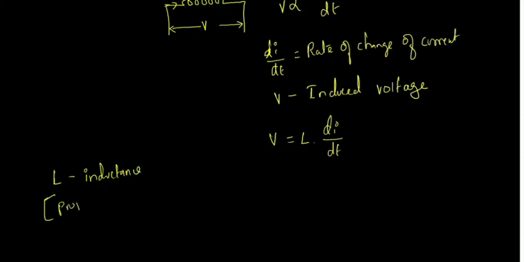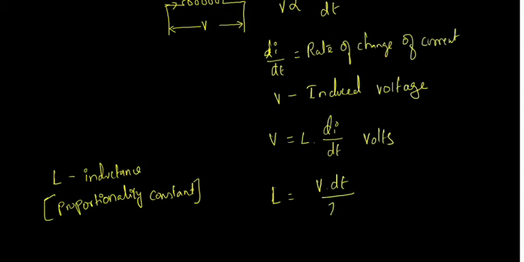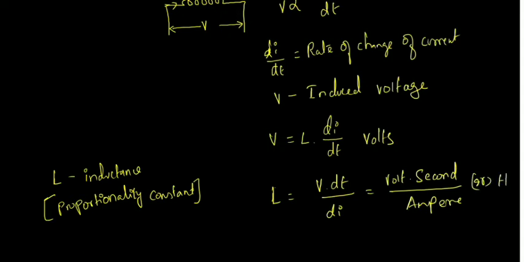Now we can cross multiply and get the value of L. L is equal to V dt by di, that is equal to volt second per ampere, or Henry.